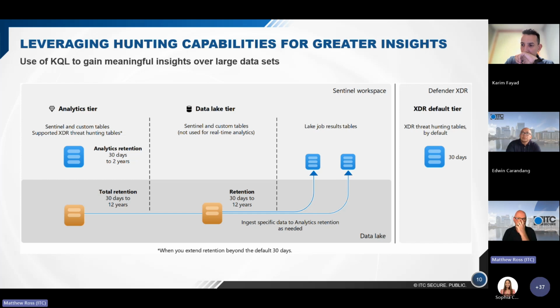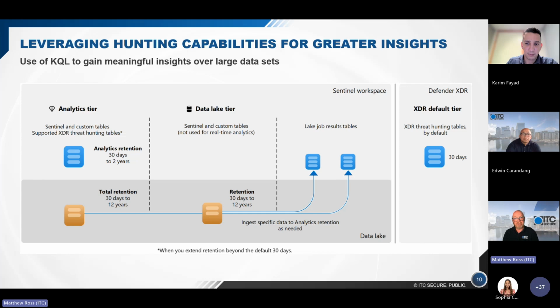There is an additional option to transform your data at the workspace level or via AMA, so you can transform the data before ingestion to split data between the analytic tier and the data lake tier. There may be some reasons for doing that, to keep some highly valuable data within a table at the analytics tier and then move all the other data into the data lake tier within the table.